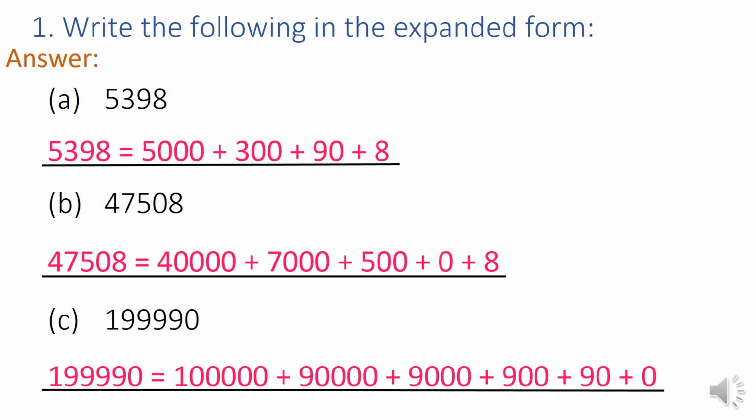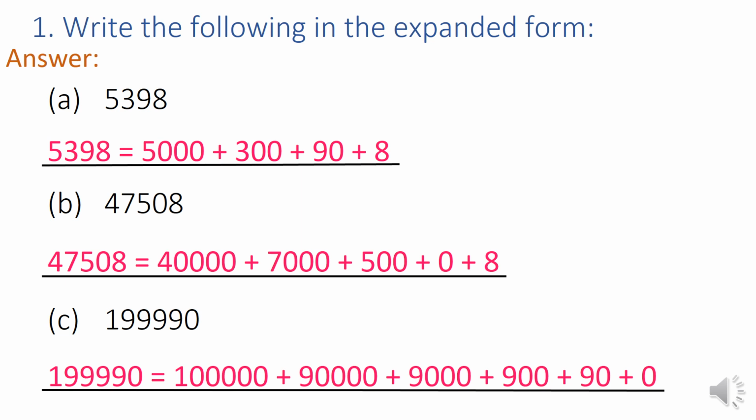So the expanded form of 5,398 is 5,398 equal to 5,000 plus 300 plus 90 plus 8.